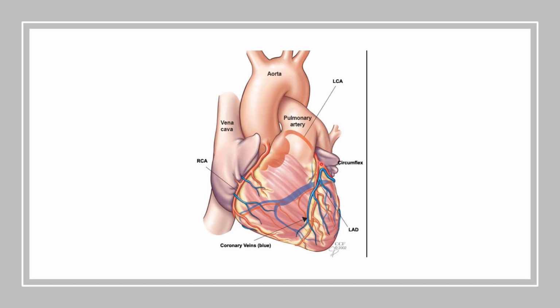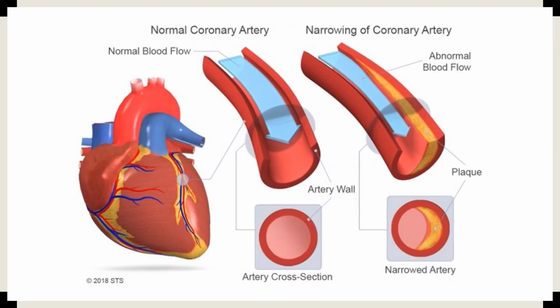It branches off into the circumflex and the left anterior descending coronary artery. Remember, you are paying attention to these coronary arteries and looking at whether this patient developed atherosclerotic plaque, because that's what's going on in a client that has coronary artery disease.